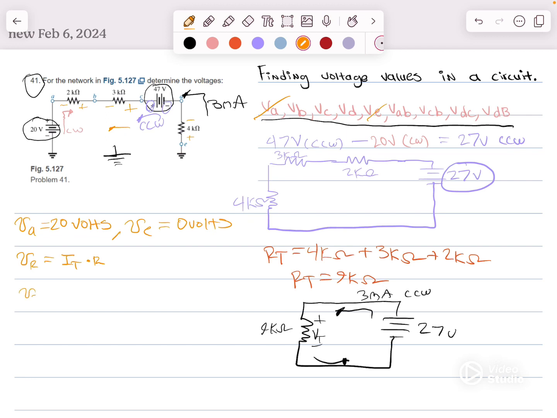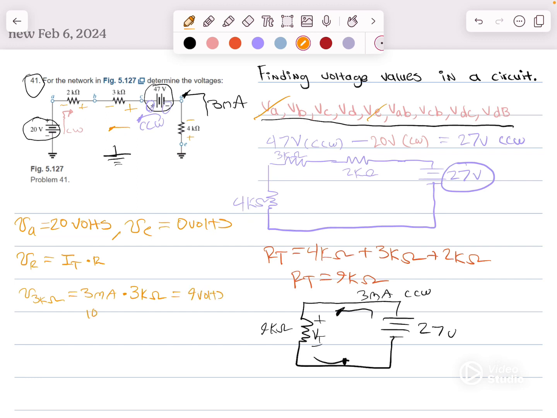So the voltage of my 3 kilo ohm resistor is going to equal 3 milliamps times 3 kilo ohms. And this will give me 9 volts.